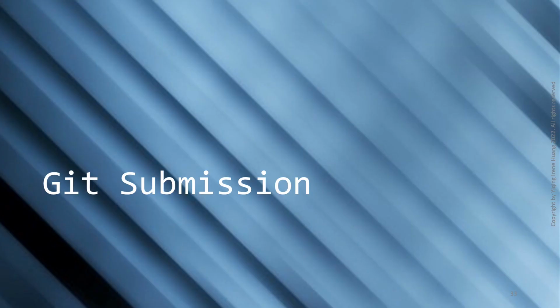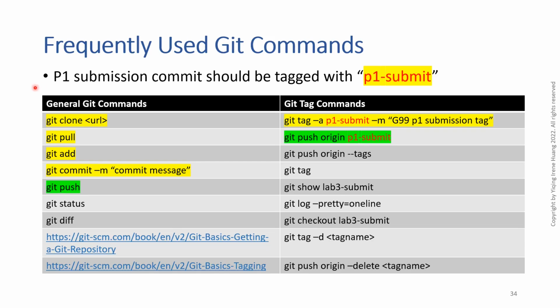We will use the Git repository to do the project submission. I would assume everyone will be very familiar with the git command, and I have some frequently used git commands listed in the table as a reference. In our submission, we're basically using the git tag feature. For a particular commit that you want to consider as a submission, you tag it with a symbolic name.